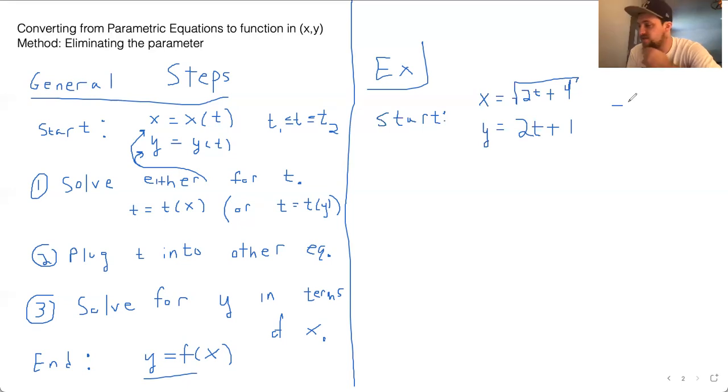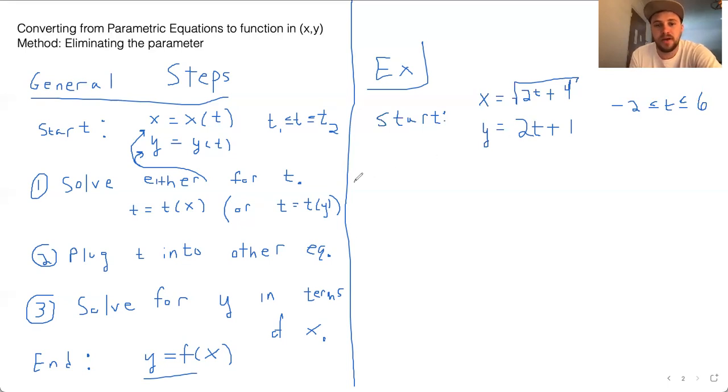And let's say this is over the time interval -2 to 6. Okay, and so here's where we're starting. We're starting with parametric equations.